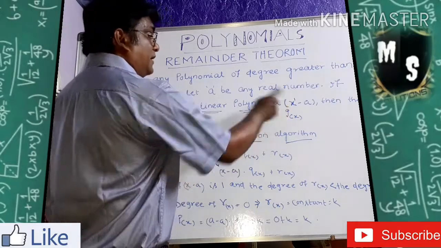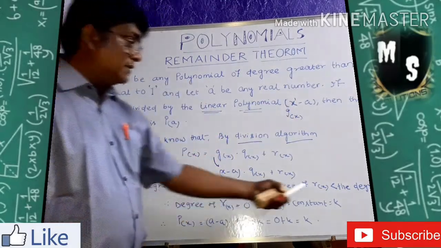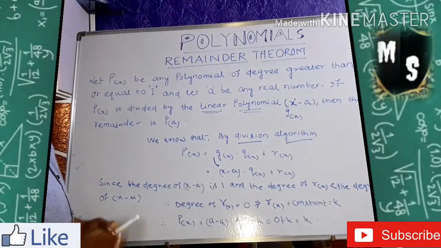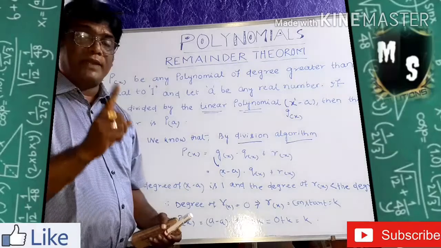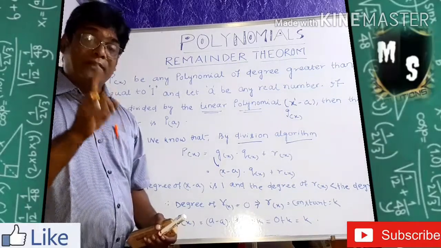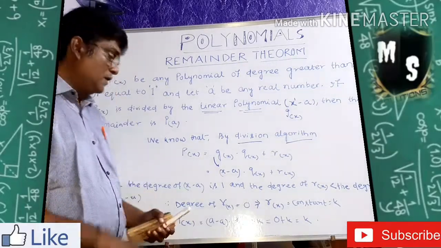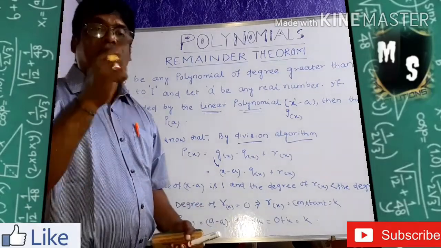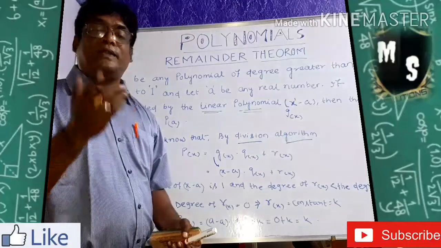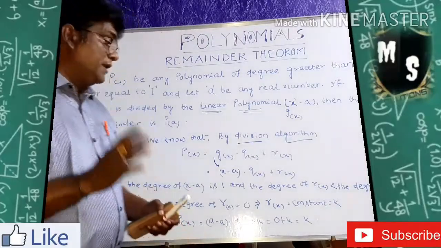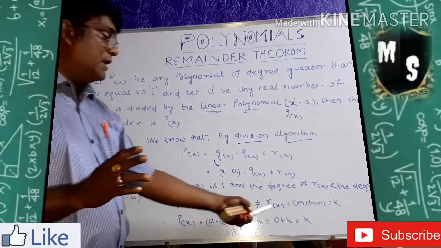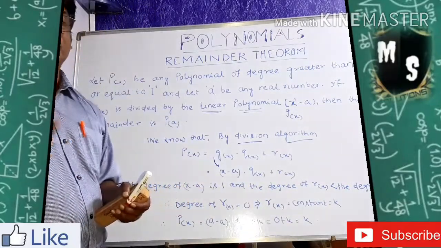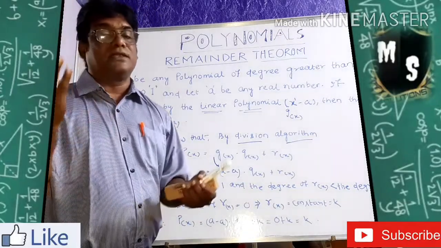What is the divisor polynomial degree? 1. So the degree of rx is definitely less than the degree of x minus a, which is 1. So definitely the degree of rx must be equal to 0. If it is less than 1, then the degree of the polynomial will be 0. If it is 0, then rx is called a constant. It is a pure number. If the remainder is a pure number, then the degree is 0.